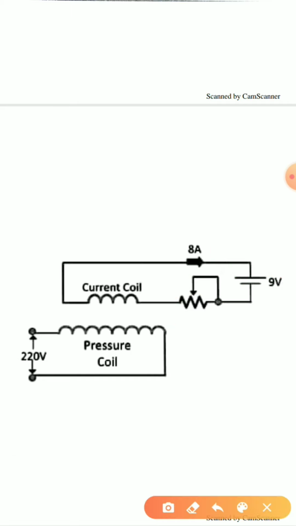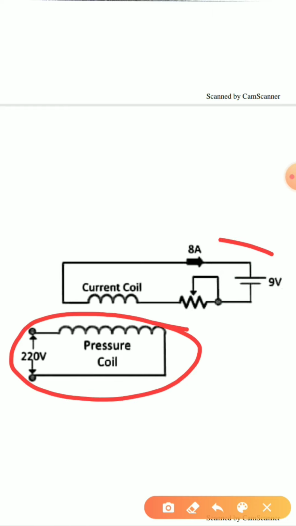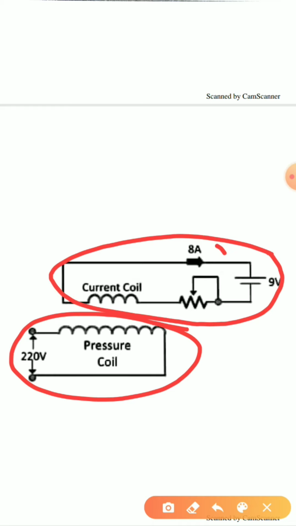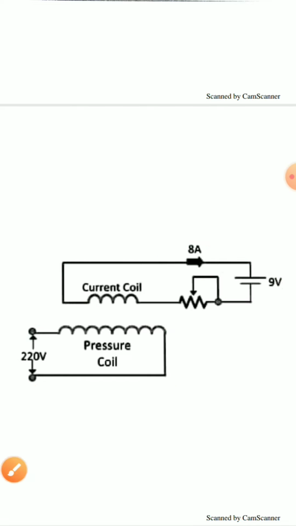For the pressure coil I'll give the normal supply, and for the current coil I'll achieve the value of current using a fake voltage supply, or a low voltage supply. Here we can see that the rated current can be circulated through the current coil with a low voltage, as its impedance is very low.